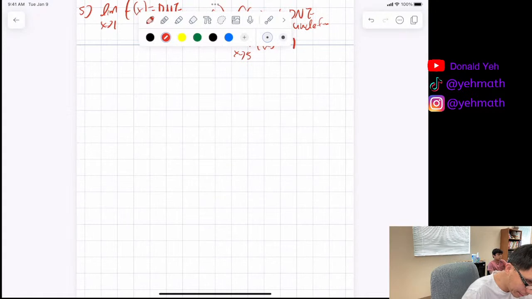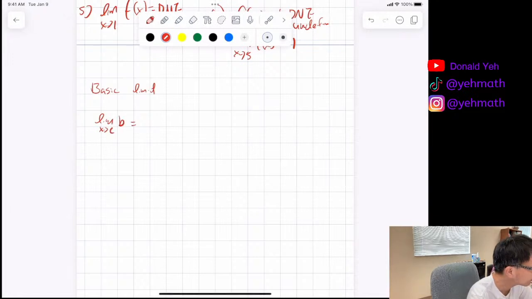I'm going to start with basic limits. The basic limit, x approaches c of b, is equal to what? What happens when the limit as x approaches c of b? Now, a lot of you guys don't understand the question. For me, I always think about the graphical approach. That's the best way to think about it.